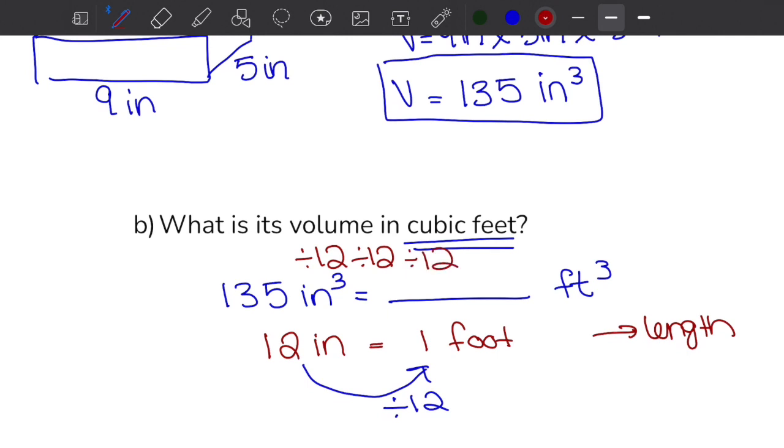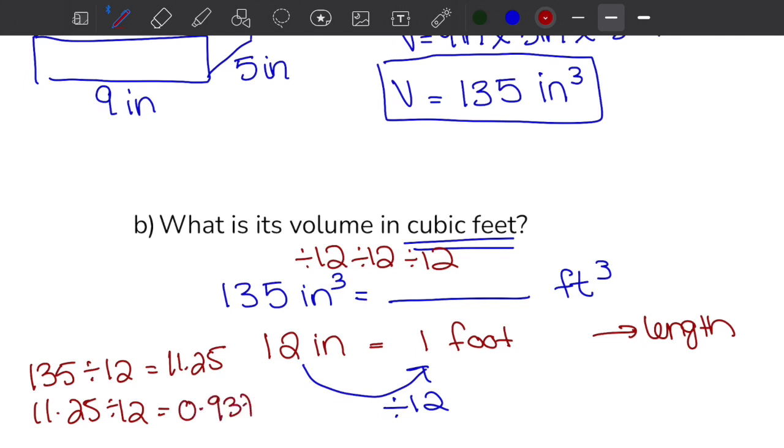And remember to do this step by step. So in the corner here, I'm going to show my work. 135 divided by 12 is equal to 11.25. Take that and then divide it by 12. That gives me 0.9375. Take that and divide it by 12, and it's going to be a tiny, tiny number, and that's okay.